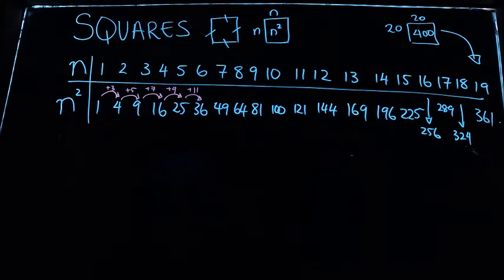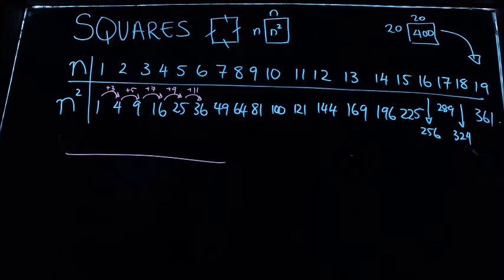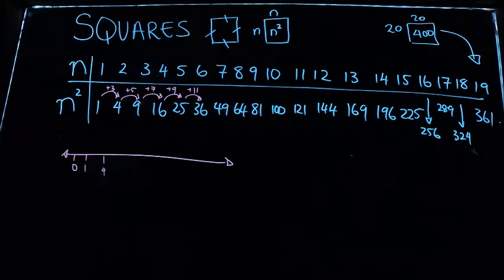So I might draw this out on a bit of a number line here just to get us started. Here's 0, there's 1, we've got 4, and the distance there is add 3.